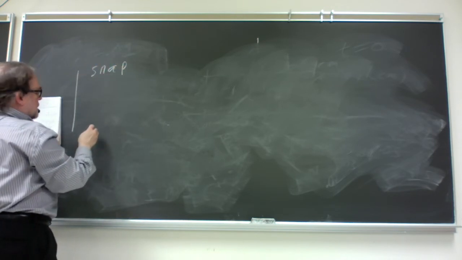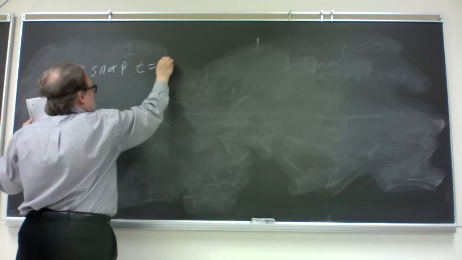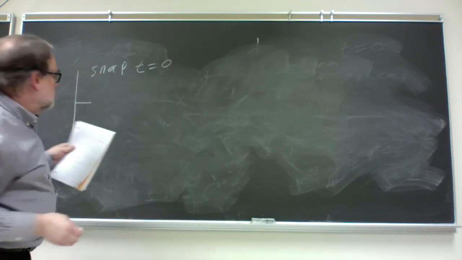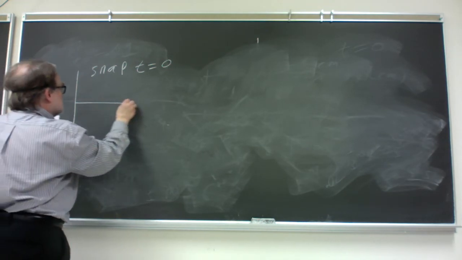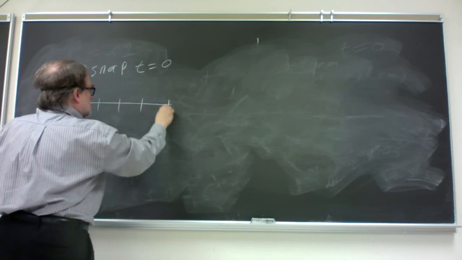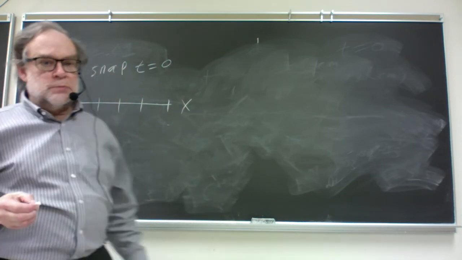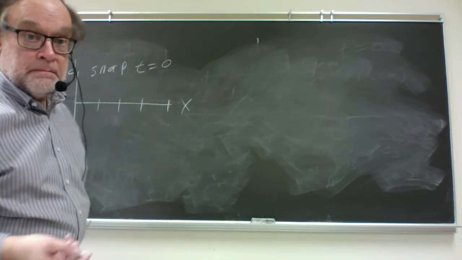So here's a snapshot graph, and we'll say this was taken at a time that we will call x equals 0. So being a snapshot graph, it's a graph of displacement versus location.